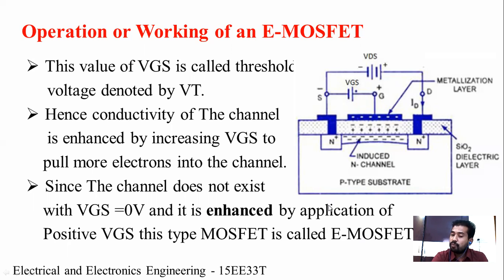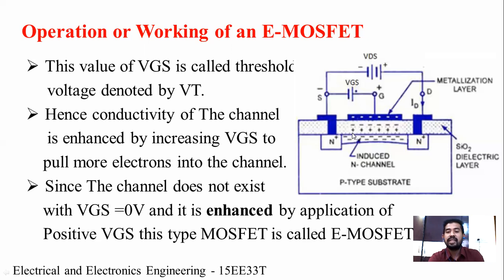By applying a positive VGS, we are increasing the voltage and also the current flow between these two N highly doped regions. This type of MOSFET is called an enhancement MOSFET.